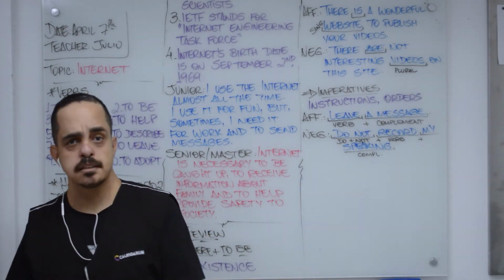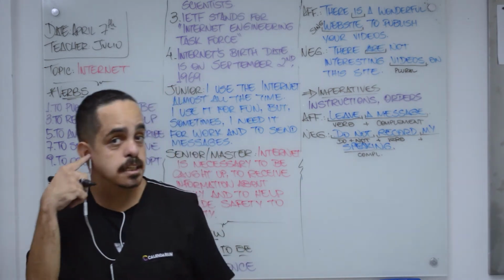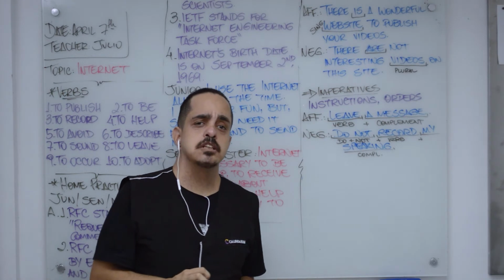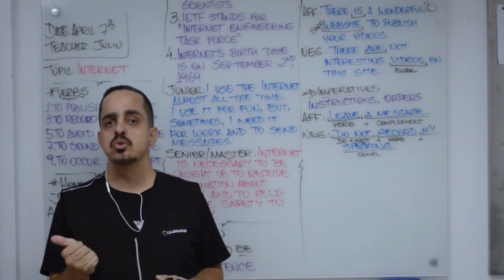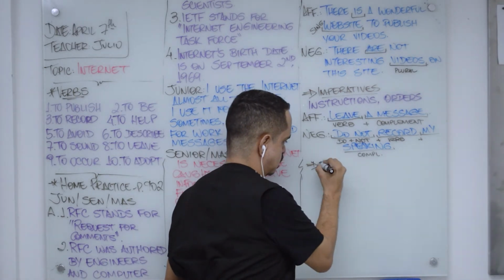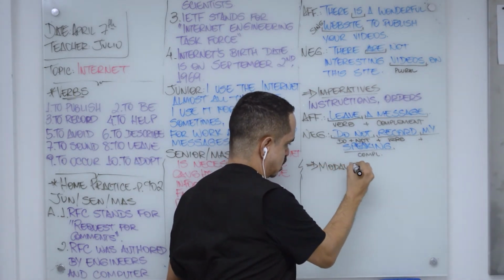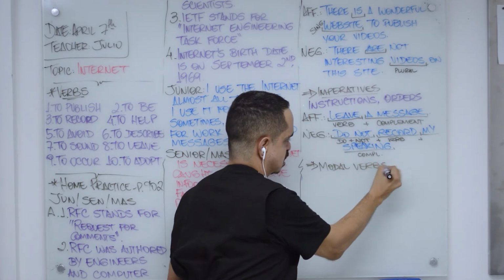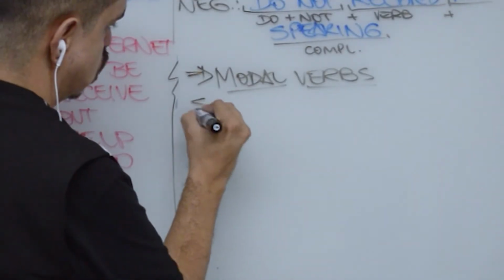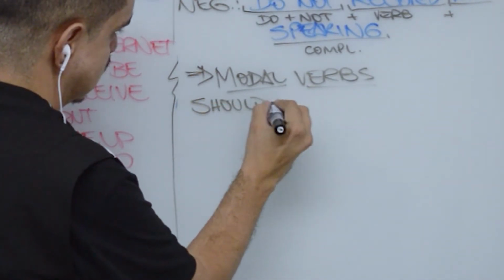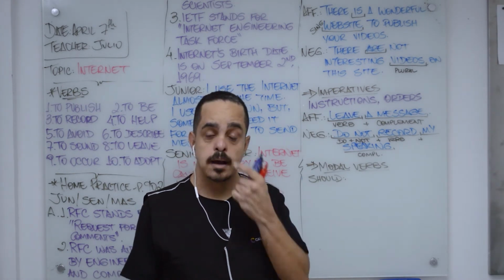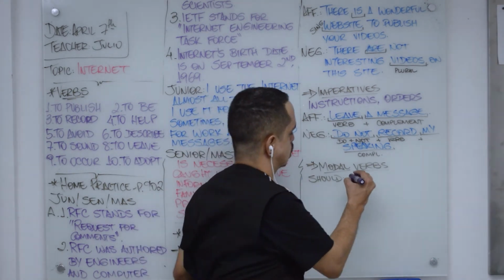Alright? Another structure that is very similar is some of the modal verbs. For example, should and must. So let's talk about them. Modal verbs, should and must. Should. What's the idea of should? Should is a recommendation, a piece of advice, a suggestion.